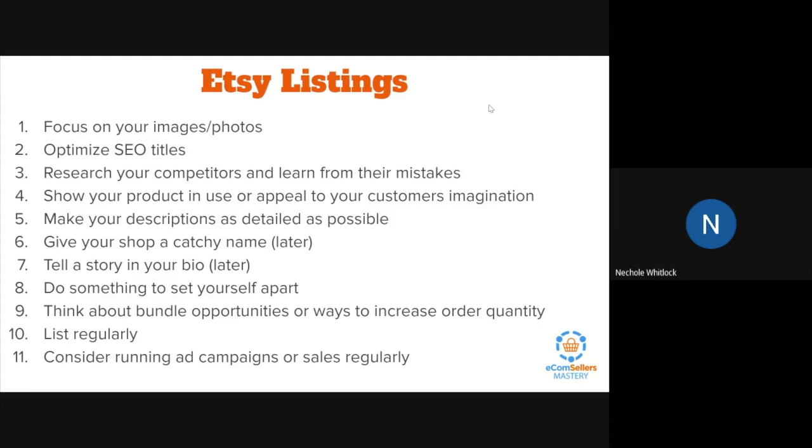The one thing about the algorithm that eBay and Etsy uses and some of the other platforms is that when someone is offering a sale, they show it to buyers. They showcase it. So take advantage of the fact that the platforms love to showcase sales because they know that their buyers are looking for deals. But again, that's something for later.